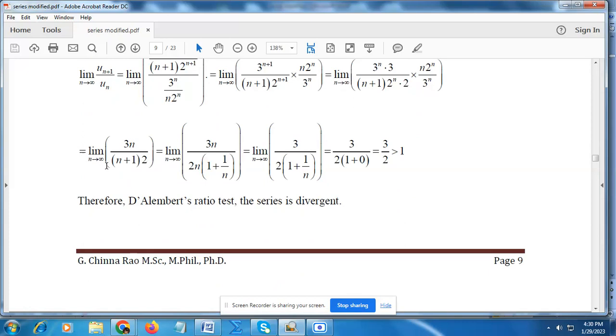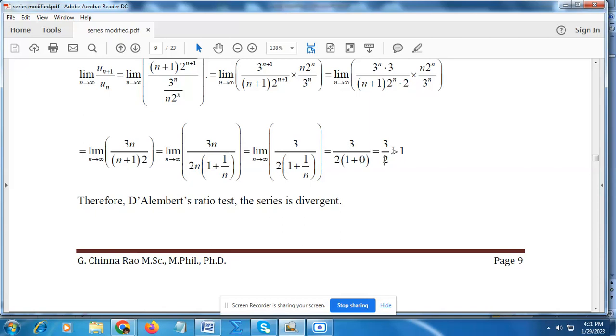Of course, as n tends to infinity, if both numerator and denominator degrees are the same, then the ratio of their coefficients is the answer. Of course, that is a shortcut. Now take n common, 1 plus 1 by n. n got cancelled, 3 by 2 into 1 plus 1 by n. As n tends to infinity, 1 by n tends to 0.